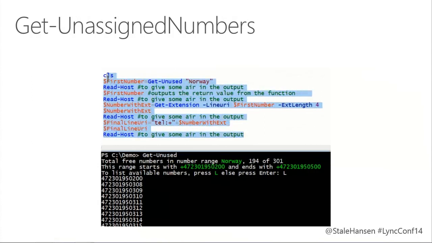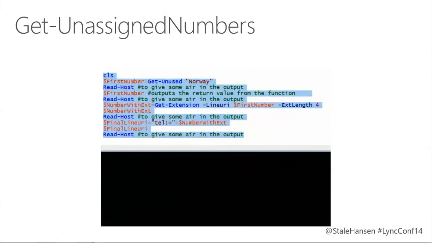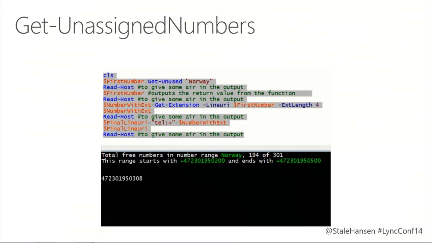So let's see how that goes. So we'll find the first available number, which is 308. We put that into get extension, and we get returned the extension and the line URI with the extension.